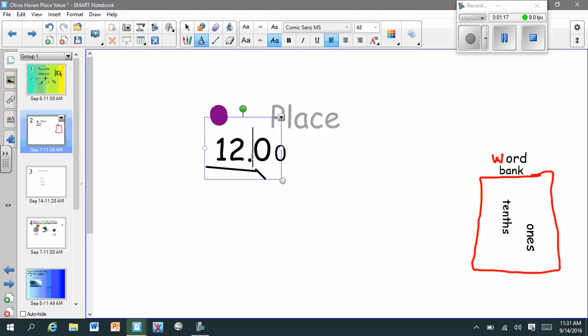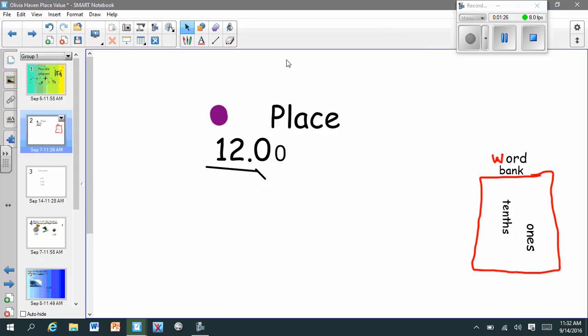So it's the same with decimals. If you're going behind the decimal, the first place that you would say would be tenths.